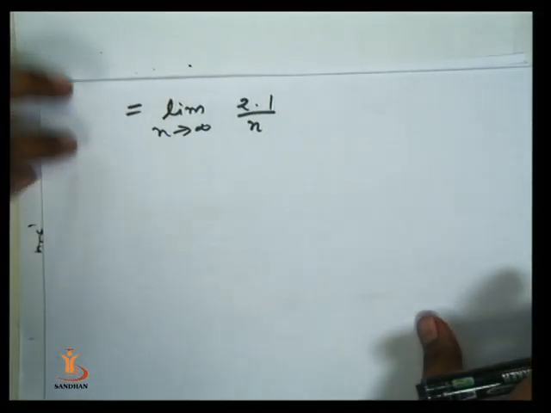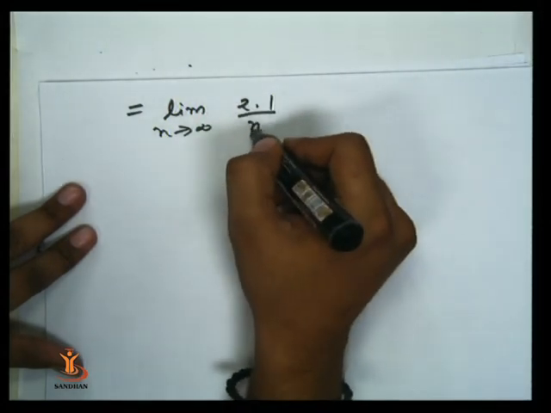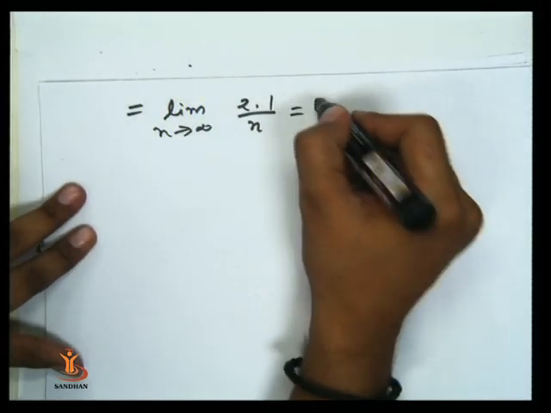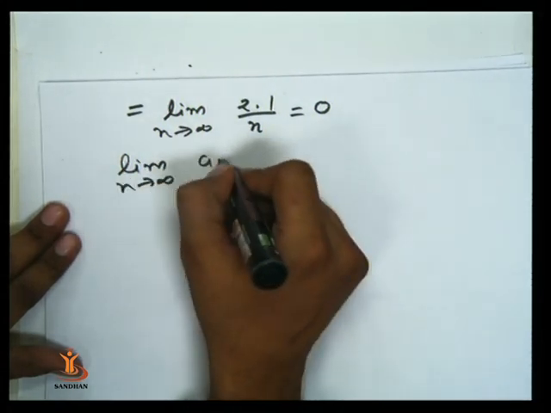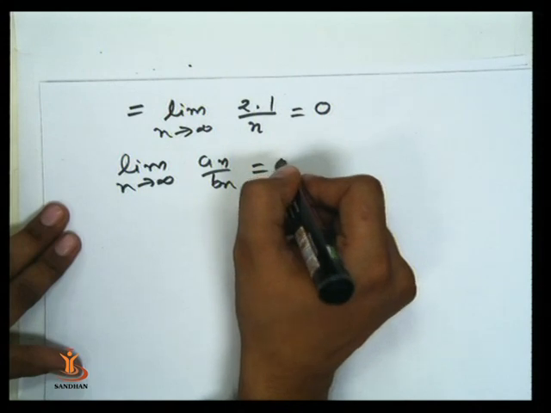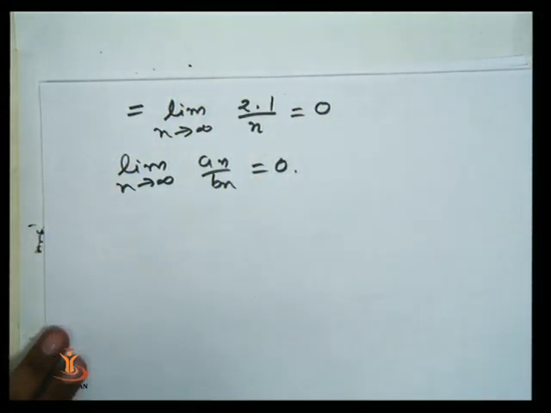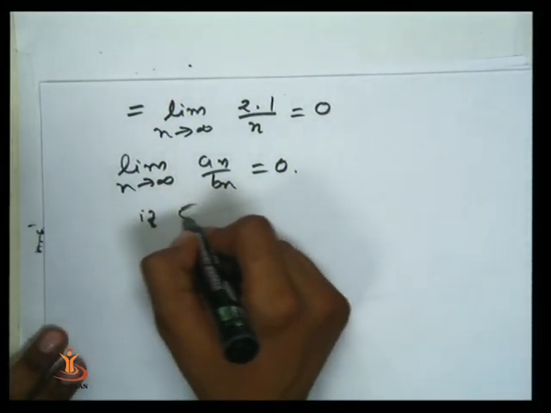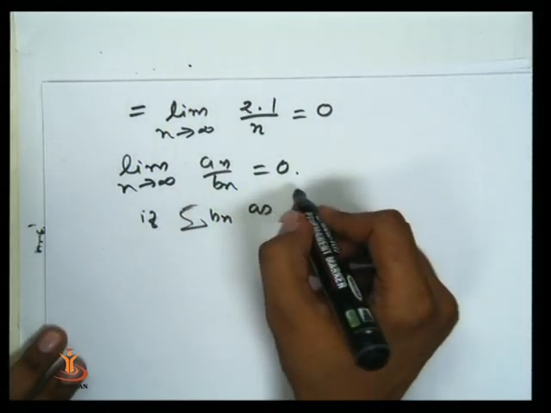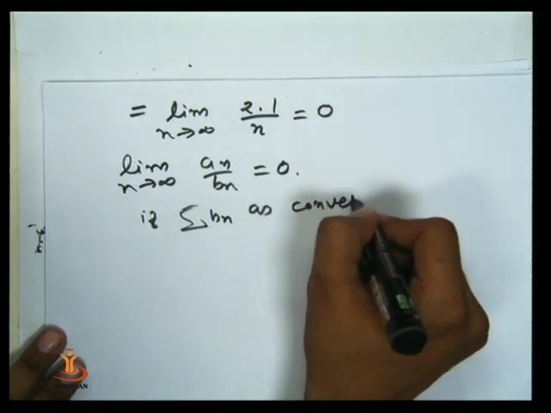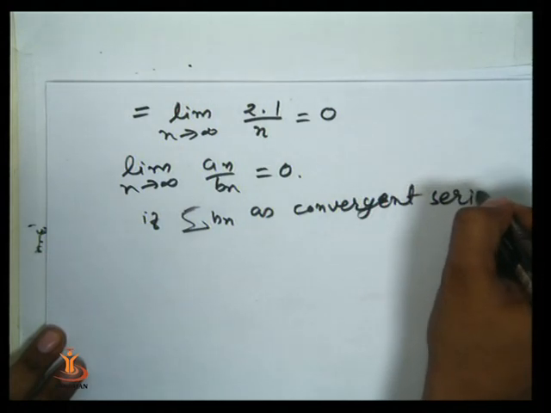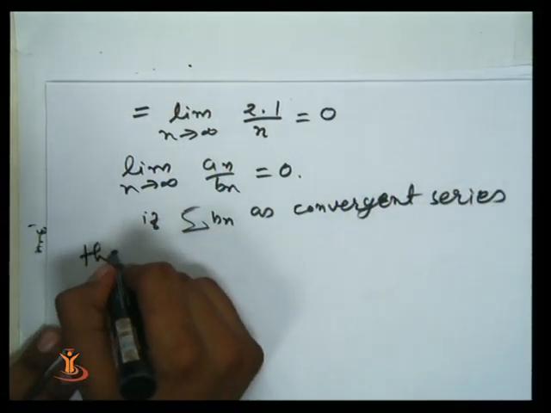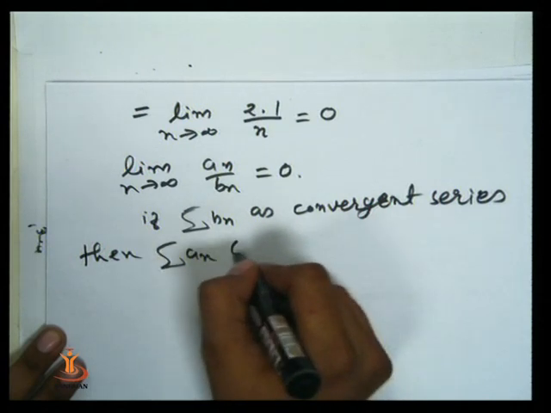Now when we take n tends to infinity, this term goes to 0, so we get the limit as n tends to infinity of an upon bn is equal to 0. So by the limit comparison test, if summation bn is a convergent series, then summation an converges.